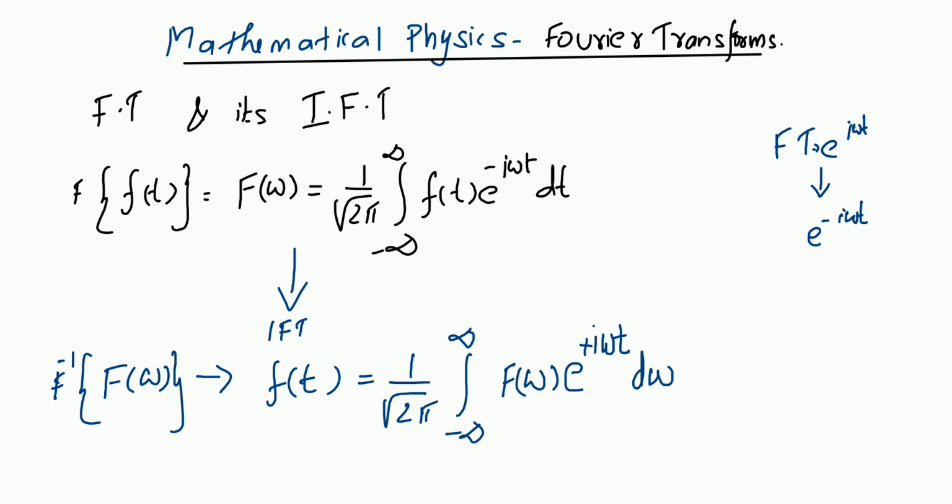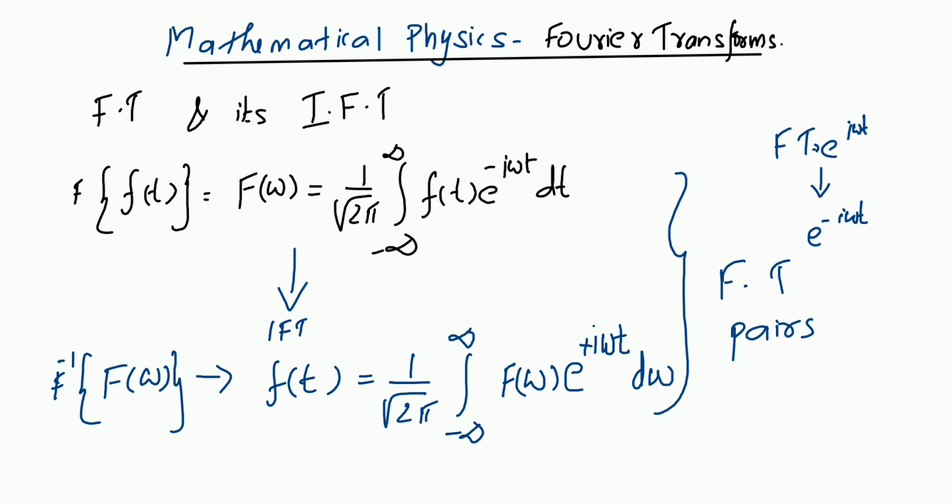So these pairs always have some connection. The exponential is just the opposite of what you have used in the other case. So these are the Fourier transform pairs. Both of them are usually known as Fourier transform pairs in mathematics.